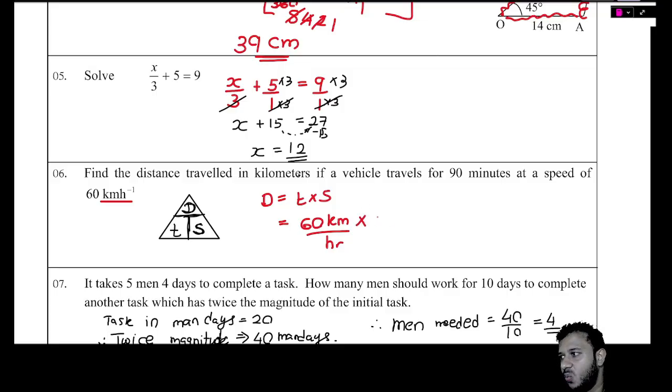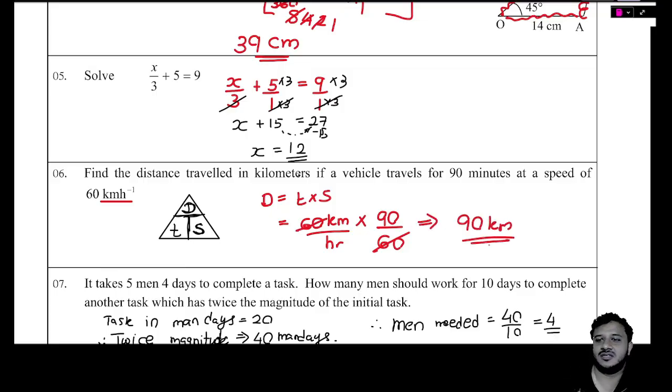Multiply by what is the time? 90 minutes. That's not okay. Why? We need it in hours. Minutes into hours, what should I do? Divide by 60. Easy. Then 60 to 60 cancel. So what is left over? Just a 90. 90 kilometers.